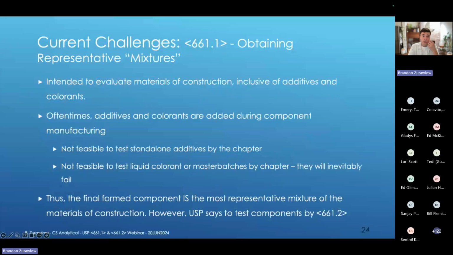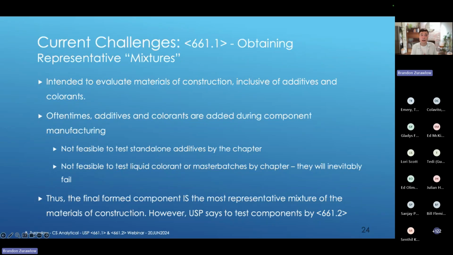Another challenge specific to USP 661.1 has to do with the concept of obtaining representative mixtures of materials. So as I previously mentioned, 661.1 is intended to evaluate materials of construction. And those materials of construction really are intended to be inclusive of additives, colorants, etc. Anything else that's going to be added to that base resin that makes up that final material of construction.